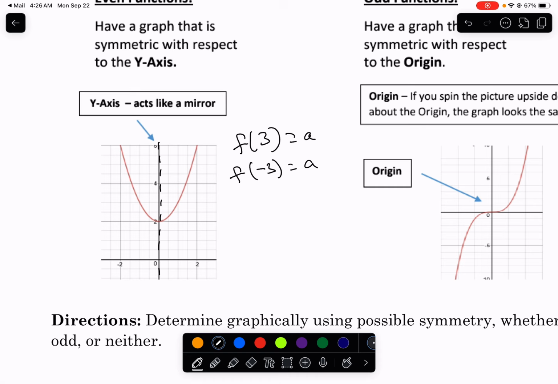So if you plug in a 10 and you get out 8, when you plug in -10, you're going to get out 8 as well. So basically when you plug in one thing, and you plug the negative in, you're going to get the same thing out.